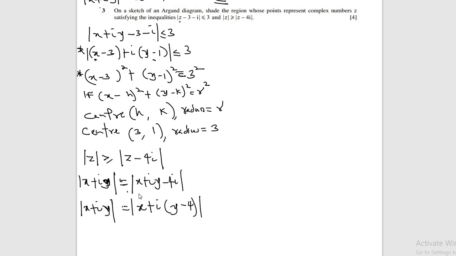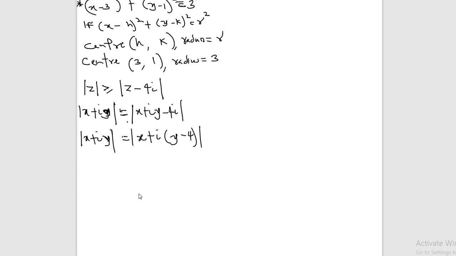Remember, when you have two modulus equal to each other, you square both sides. Modulus of x plus iy means x squared plus y squared. Modulus of this also means x squared plus the imaginary part, y minus 4, squared. So x squared here cancels x squared.